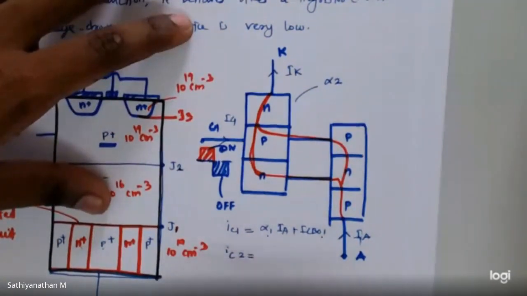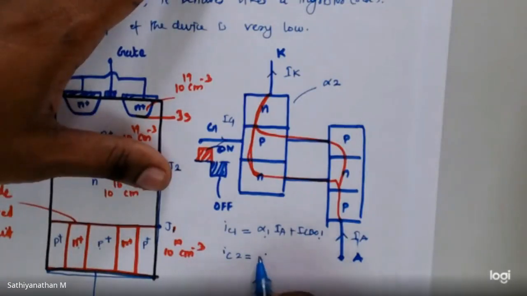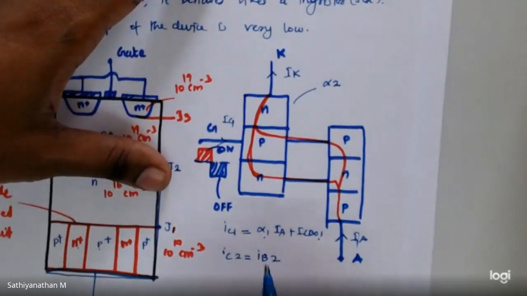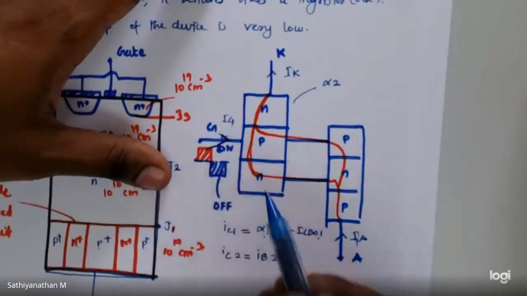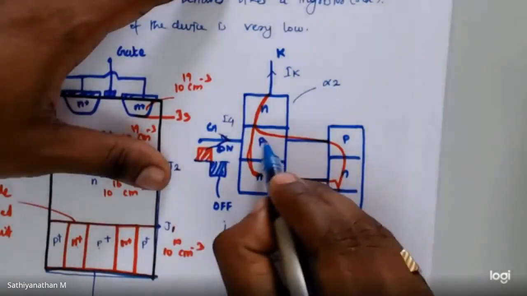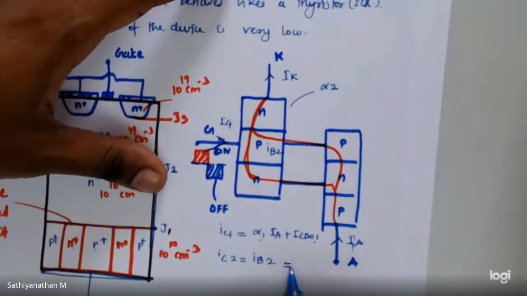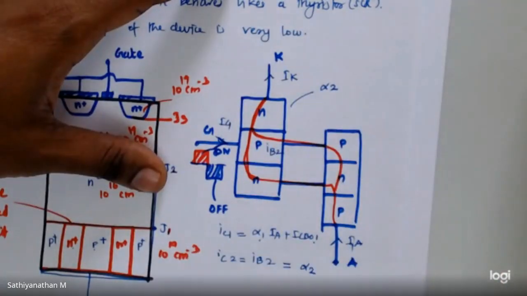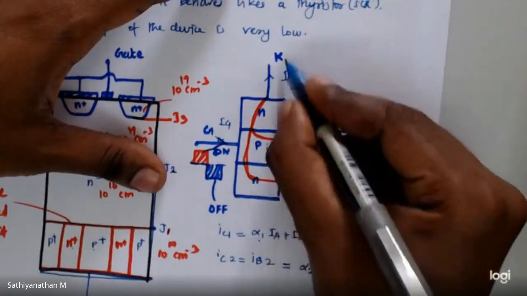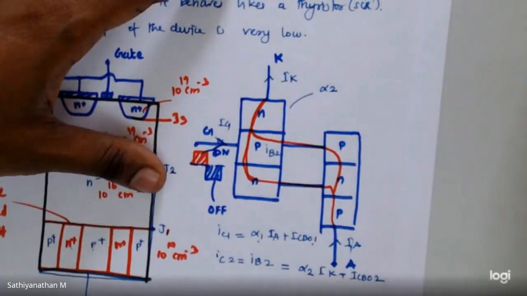IC2 is equal to alpha 2 IK plus ICBO2, where IK is the output current. IB2 is the base current of the second transistor, or the gate current.